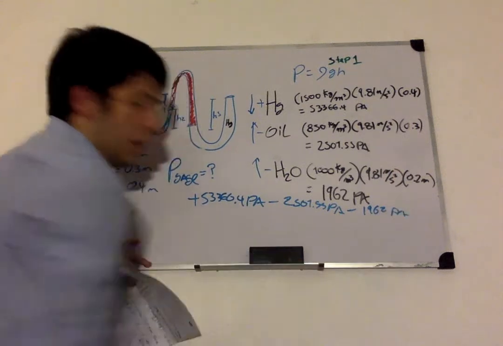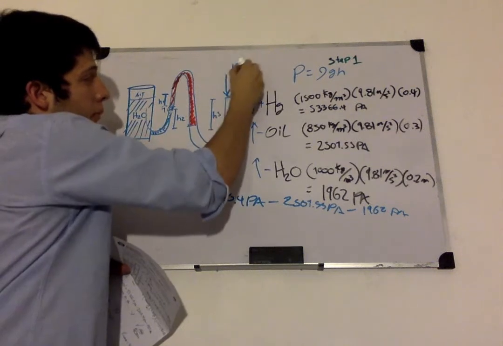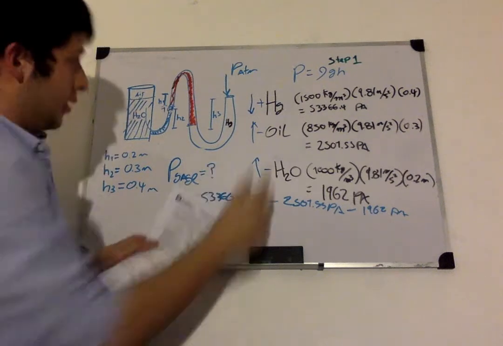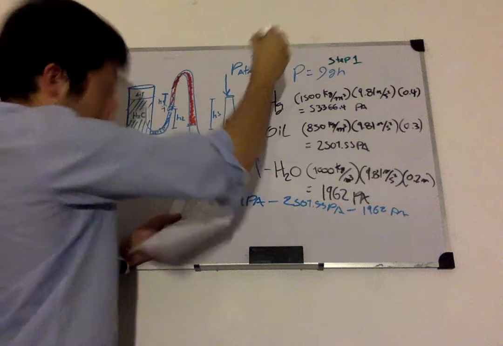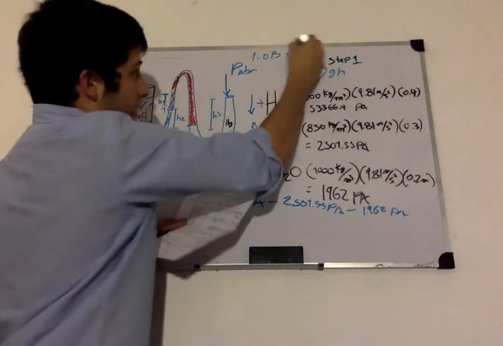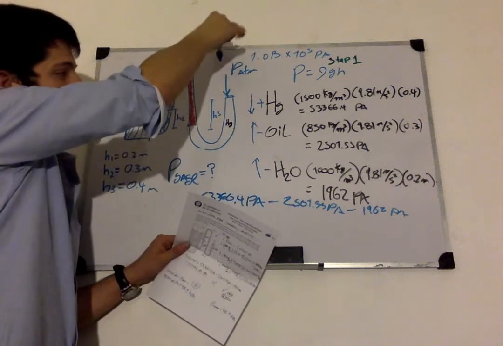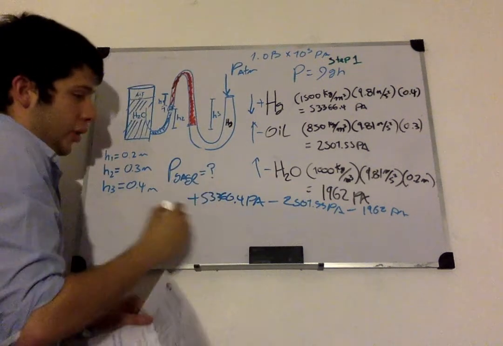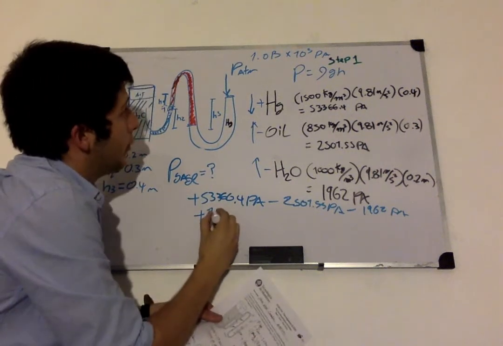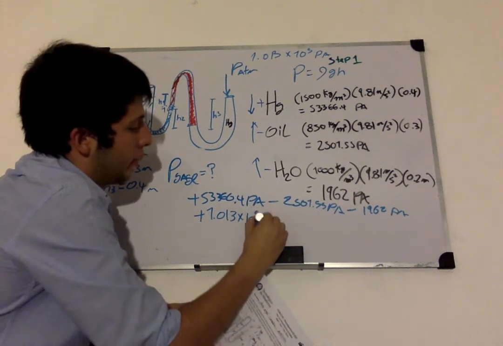And finally, we're also having the atmospheric pressure going through here. The atmospheric pressure is 1.013 times 10 to the 5th pascals. And the atmospheric pressure is going down, so we also need to add up here plus this quantity, which is 0.013 times 10 to the 5th pascals.